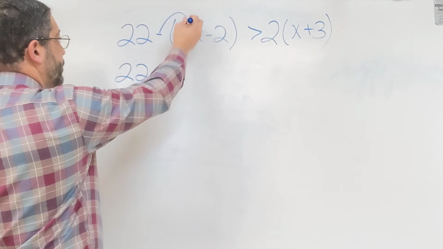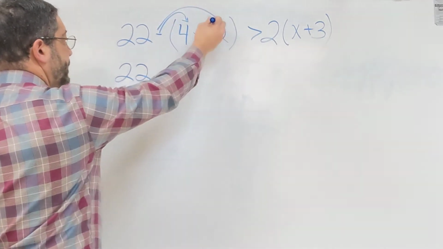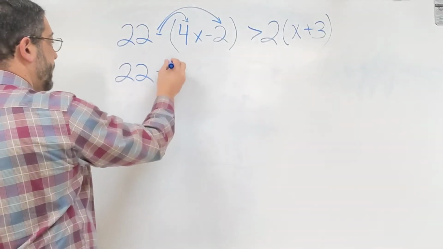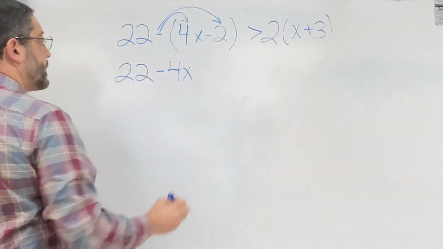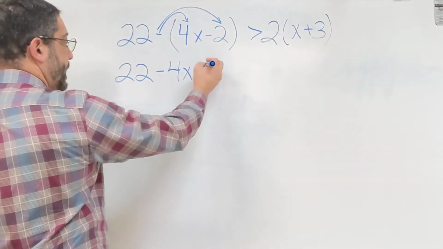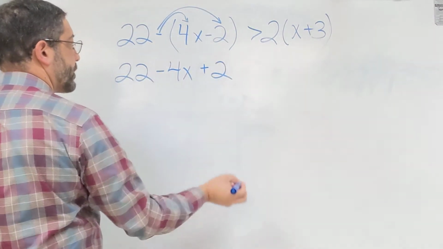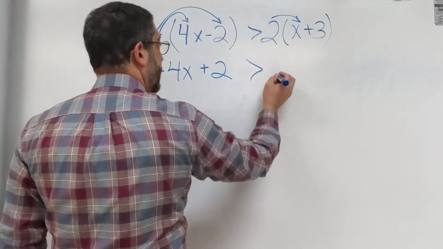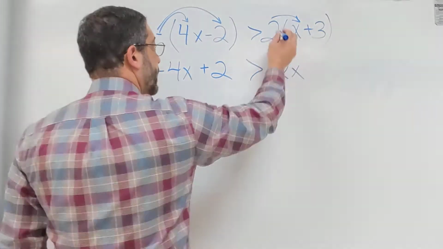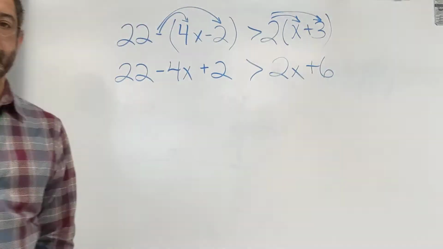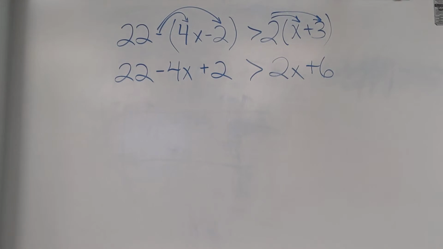However, I do have to distribute the negative to everything on the inside. So negative times that gives me negative 4x. A negative times a negative gives me plus 2. And all of that's going to be greater than 2x plus 6. Okay? So I distributed.